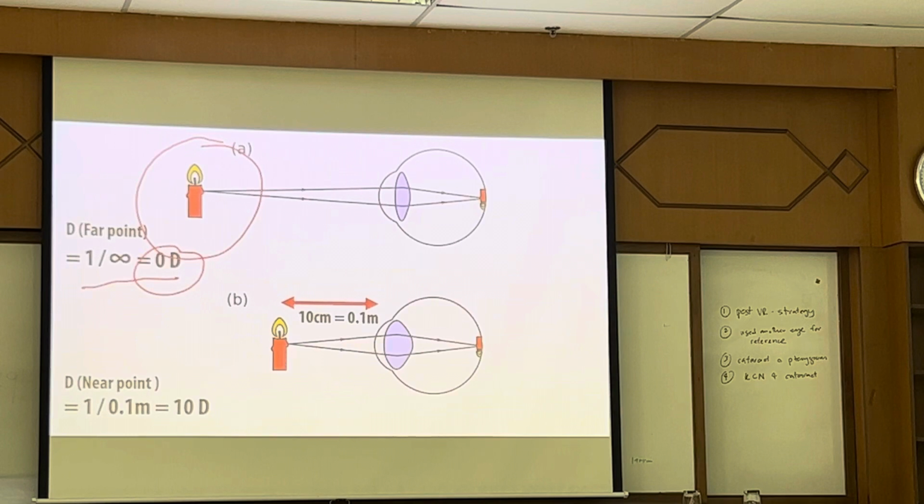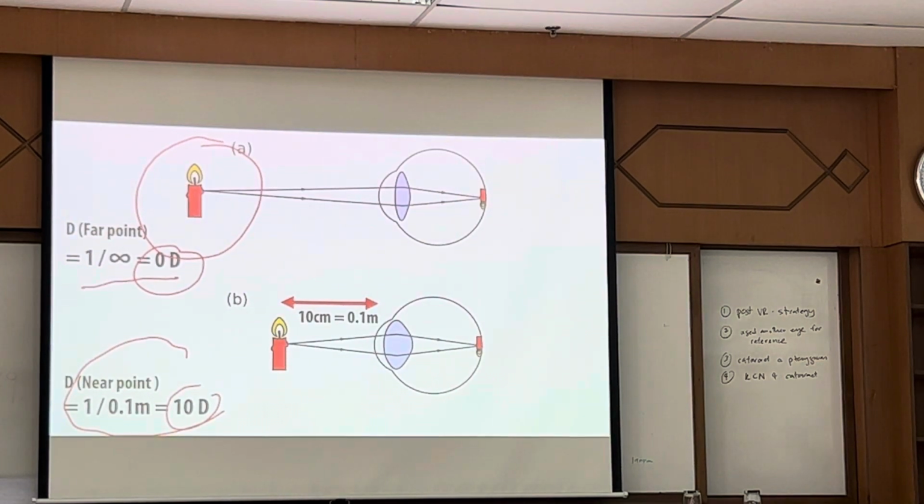And the nearest point is, for example in this case, where the patient has good vision at 10 centimeters. So 1 over 0.1 meter is 10 diopters. This is where the lens is at its maximum power, 10 diopters.